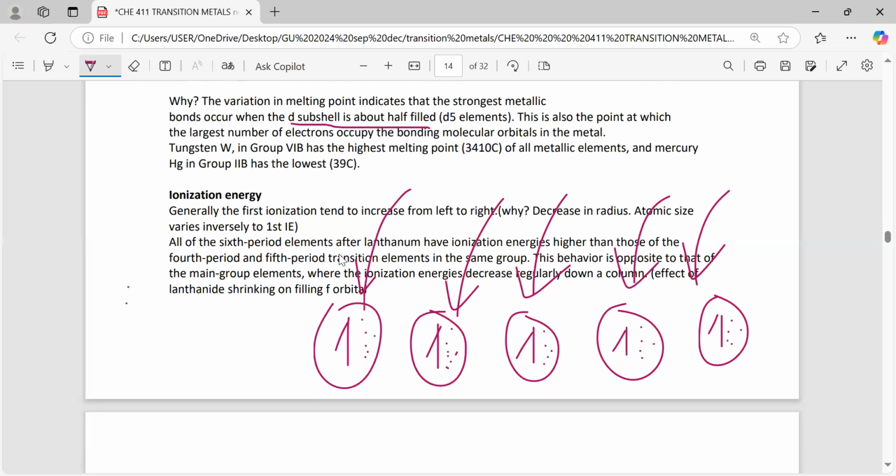I'm using those dots to represent another electron. So you can have 2 electrons, and when you have 2, this is equivalent to a bond.